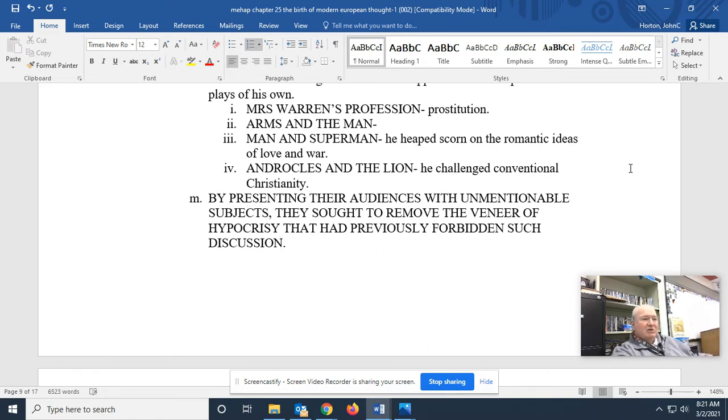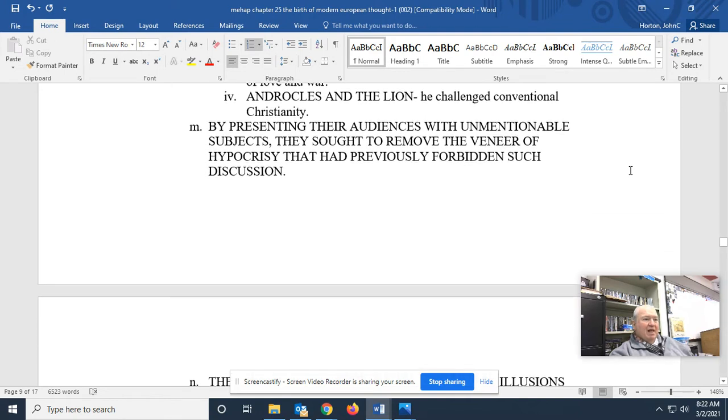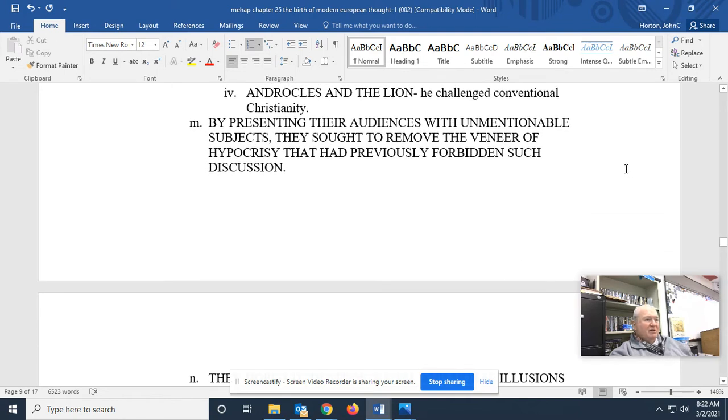Androcles and the Lion, which is actually the name of an ancient Roman story about a young boy who pulls a thorn out of the paw of a lion, challenged conventional Christianity. By presenting their audiences with unmentionable subjects, the writers sought to remove the veneer of hypocrisy that had previously forbidden such discussion.